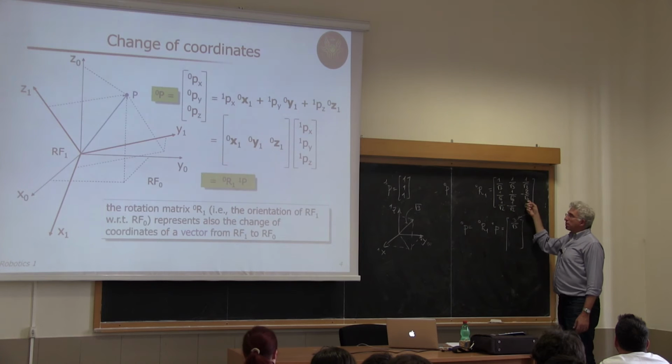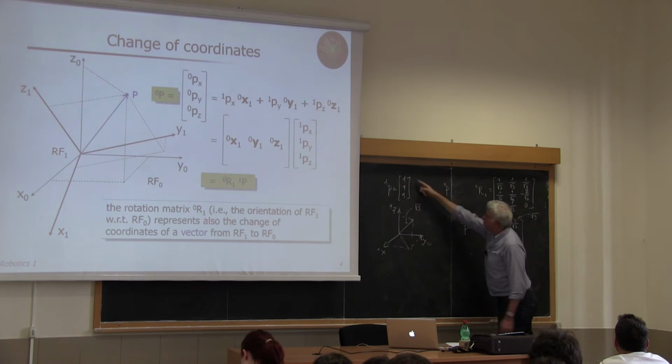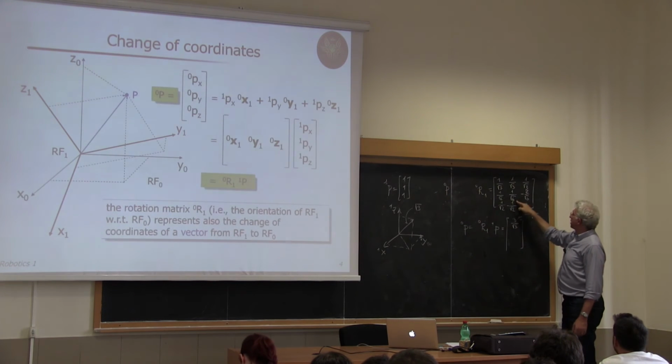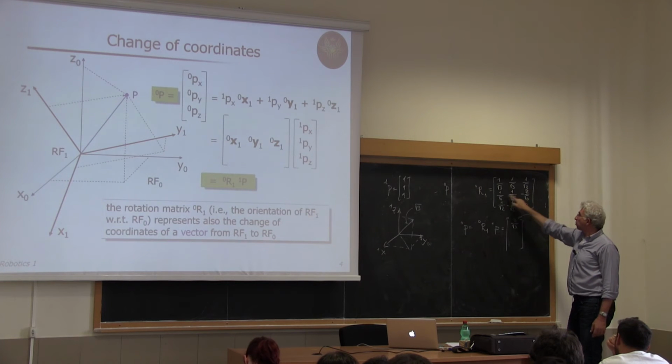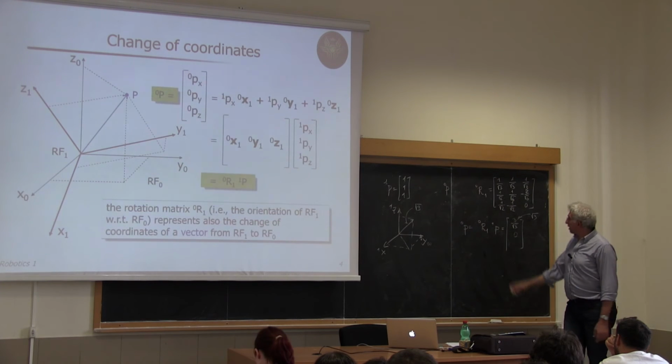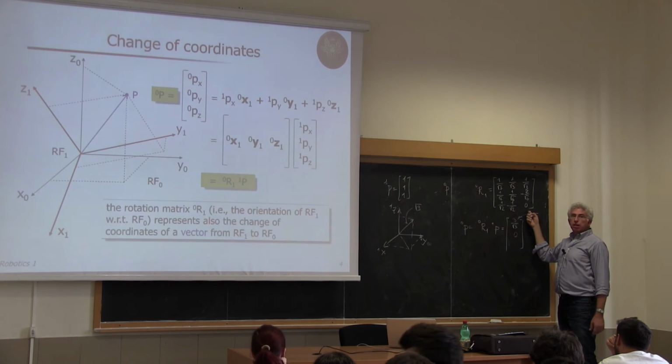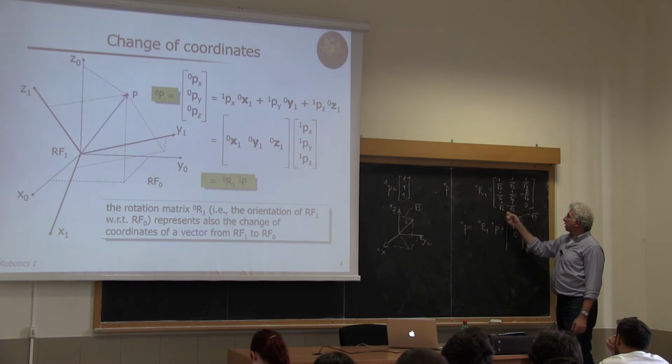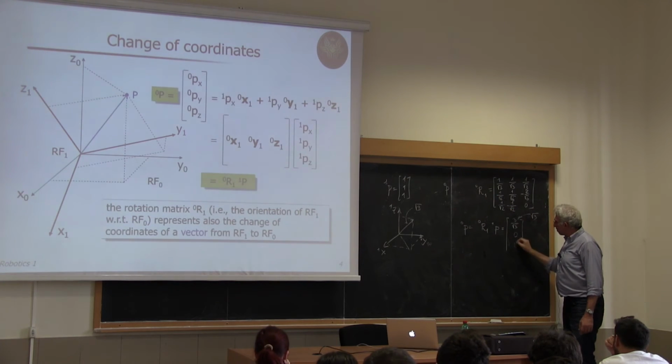Then I should sum this one. So second row times this column, this plus this plus this. So it's 1, 1 minus 2 all over square root of 6. So this is 0. And finally, I sum the 3 columns because it's 1, 1, 1. And this gives again 0.